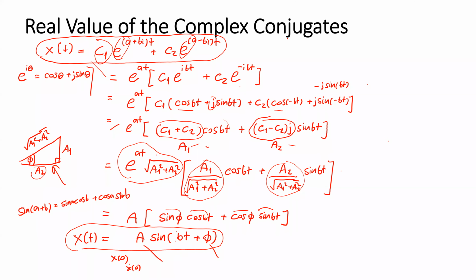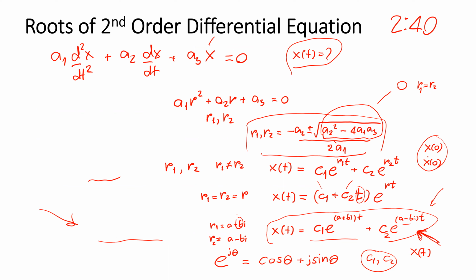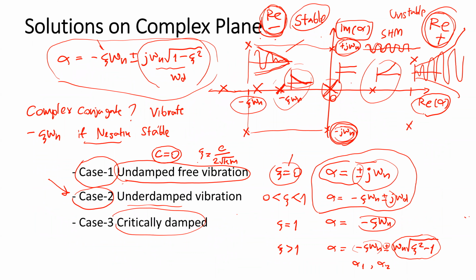How about B here? B, in general, is directly related to the complex conjugate. Most of the time, B will be omega d, the damped natural frequency.